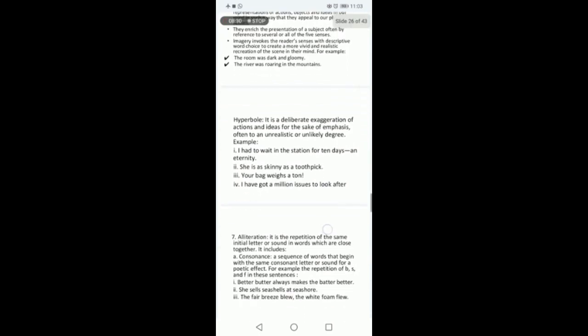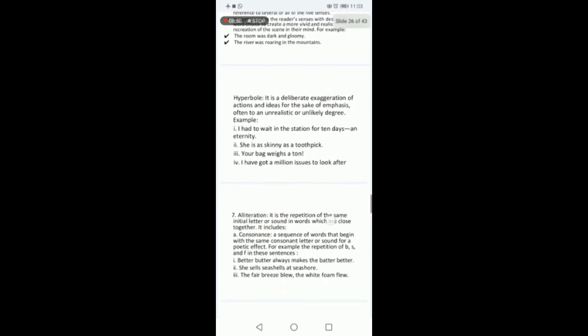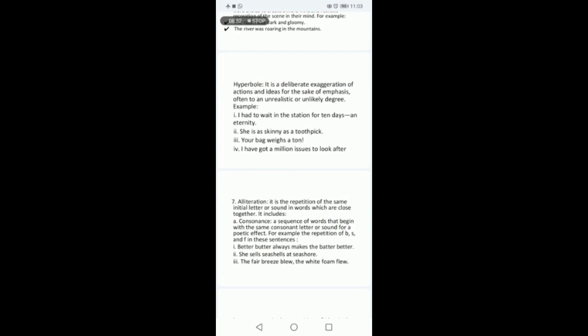Now we have hyperbole, which is a deliberate exaggeration of action and ideas for the sake of emphasis. Someone can say, describing somebody who is sick or who has lost some weight, instead of saying she has lost some weight, you can say she's as skinny as a toothpick. So you can imagine. It also gives us a visual impression.